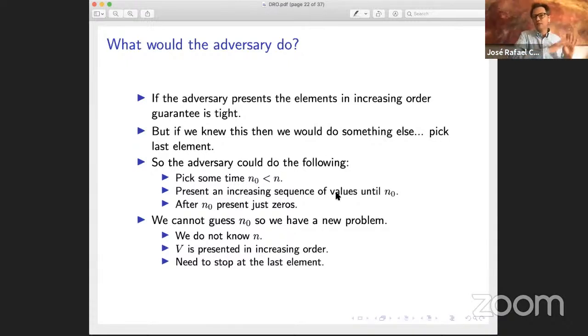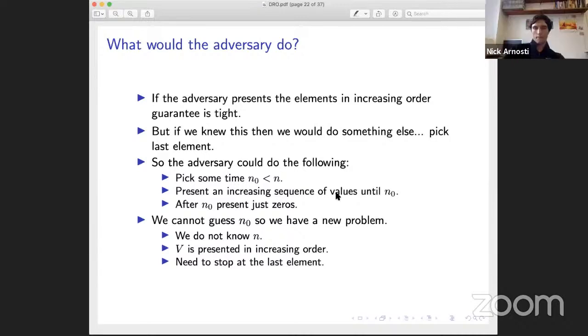So the adversary will choose a set of values, which is an increasing sequence until some time that you don't know as a player, and then zeros. Now you sample, and you also see in your sample set an increasing sequence and then zeros, but you don't know whether the next element is going to be larger or a zero.